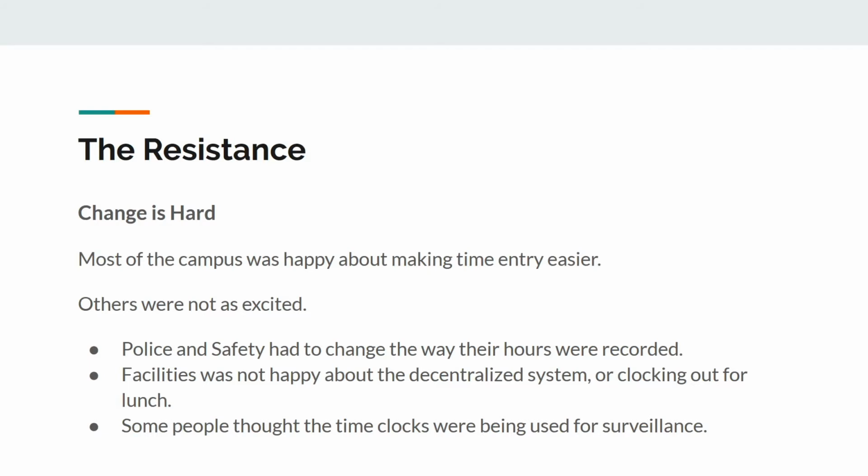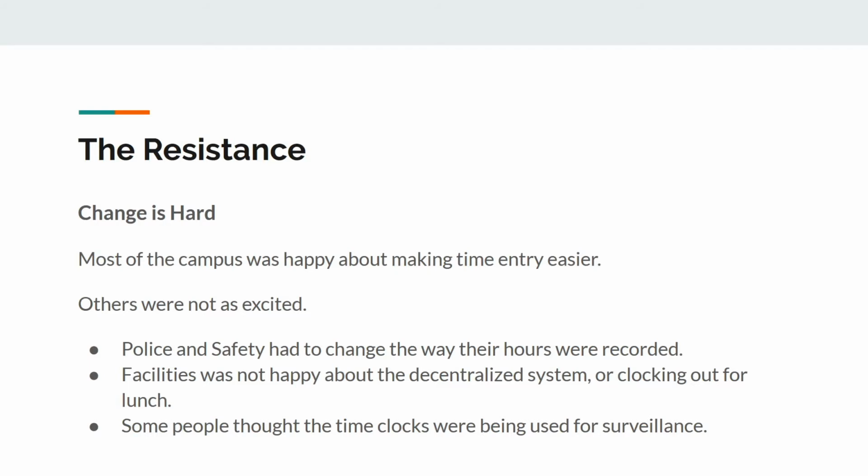I don't totally understand how they were recording time before and why this was such a big deal to them, but I guess it affected their overtime and their scheduling and all sorts of things like that. So they weren't real happy about it. For us to move to the time clock meant that they had to record that 1 hour on Wednesday and then the 7 hours on Thursday.